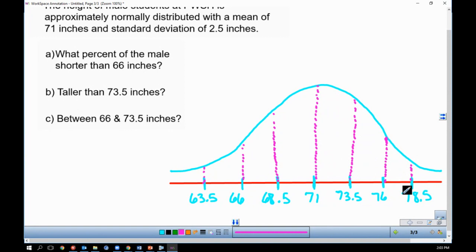Okay, so on that chart, let's label our percentages based on that empirical rule on the previous page. So these two big areas, how many percent are they each? 34%.